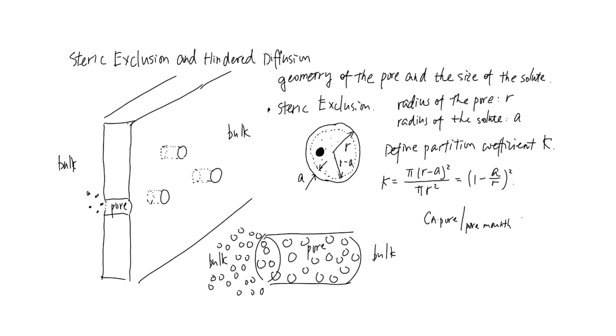It would be less than the concentration of the solute in the bulk at the same physical location, at x equal to a certain number. If you take the same coordinate, but one is slightly within the pore and the other is slightly out in the bulk, we would expect such a difference in concentration.